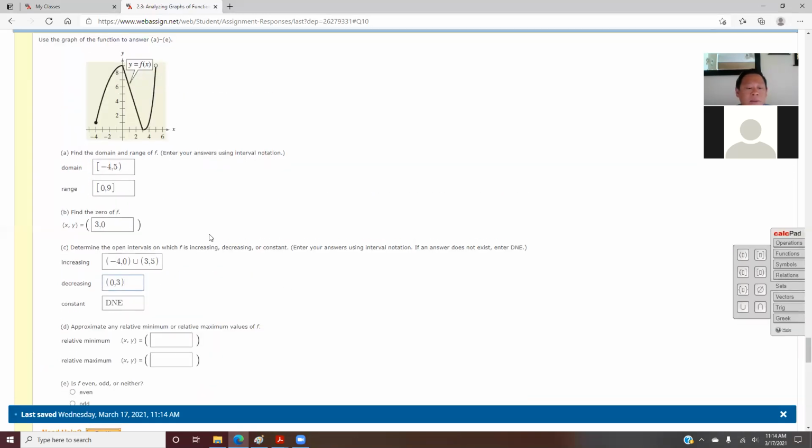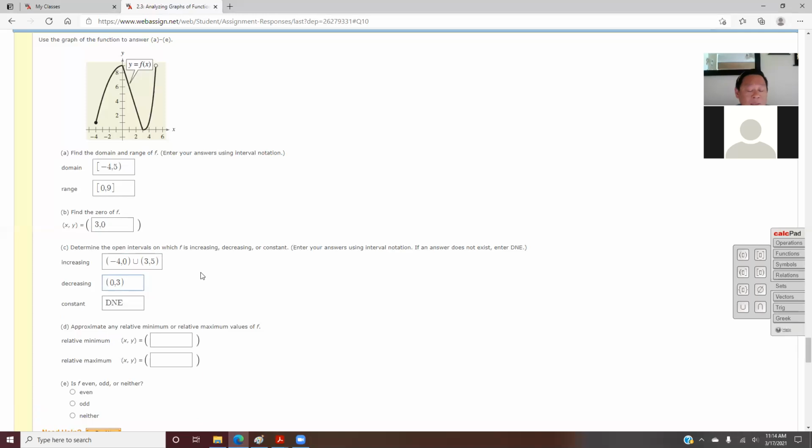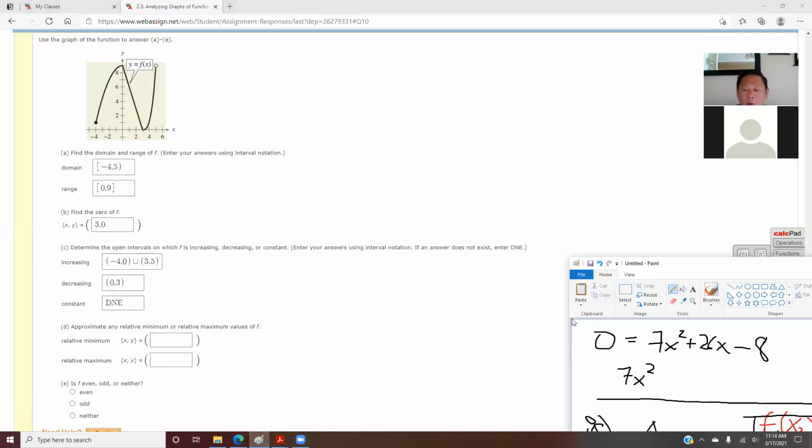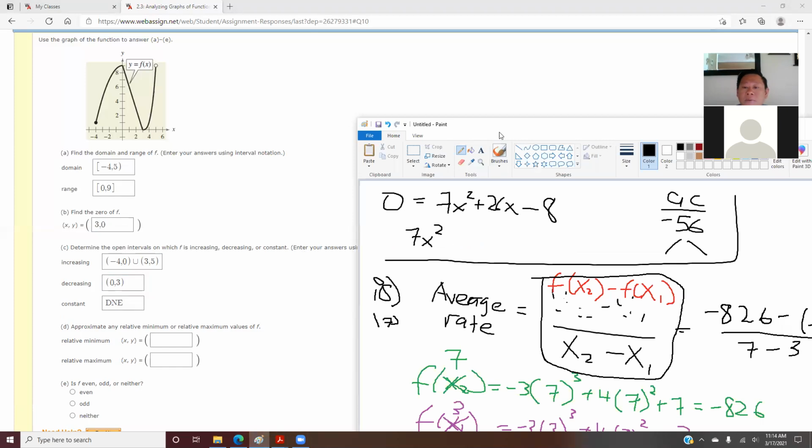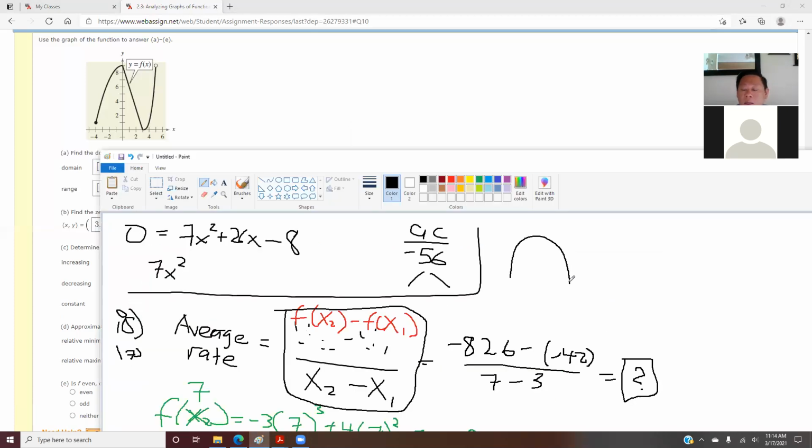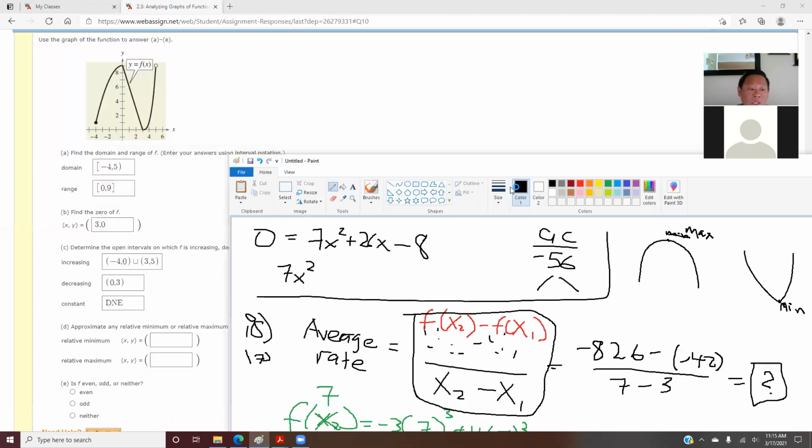Relative maximum and relative minimum are your turning points. If your graph has a turning point going like this, then this is a relative minimum, and the other way around is a maximum. It has to be in coordinates.